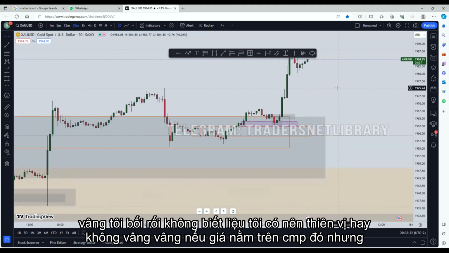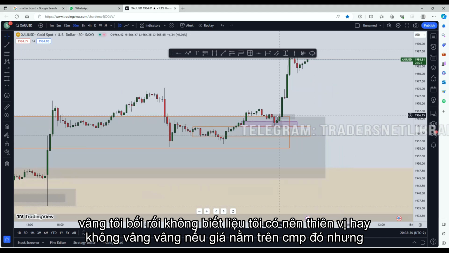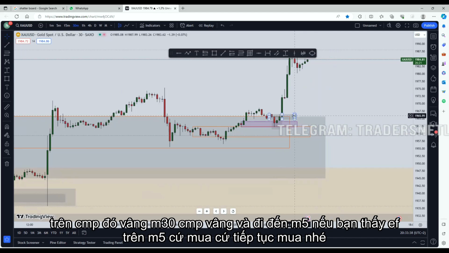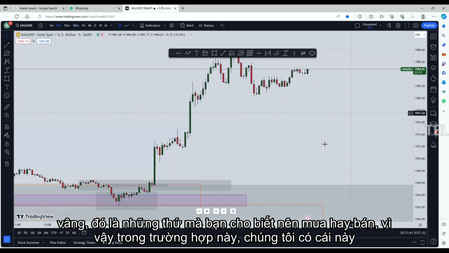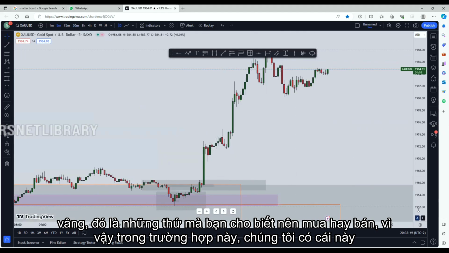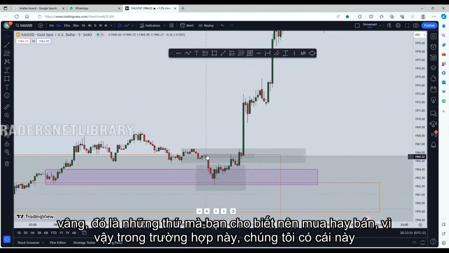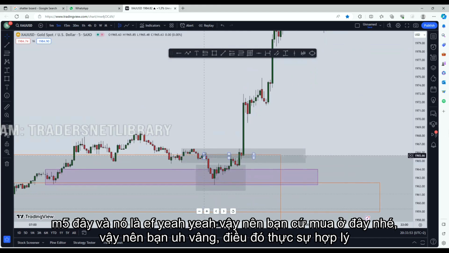If the price is on that M30 CMP, go to M5. If you see EF on M5, just continue buying. EF are the ones that will tell you whether to buy or sell. So like in this case, we have this M5 here and its EF. So you just buy here.